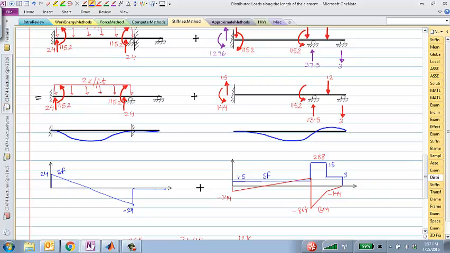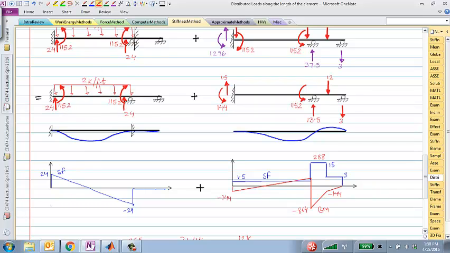What would be the bending moment diagram for this? Right, it would be parabolic. We would start off with a positive or a negative? Negative moment of 1152 and end up at the same negative moment of 1152.